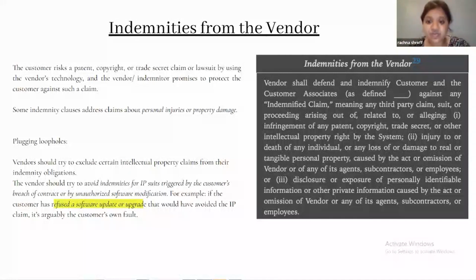Two, injury to or death of any individual, or any loss of or damage to real or tangible personal property caused by the act or omission of the vendor or any of its agents, subcontractors, or employees. Three, disclosure or exposure of personally identifiable information or other private information caused by the act or omission of the vendor or any of its agents, subcontractors, or employees.